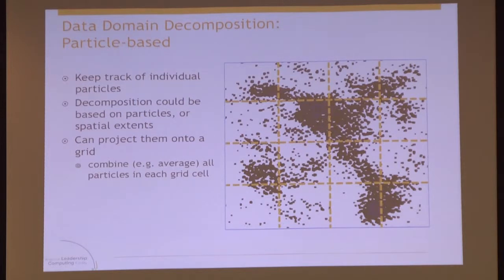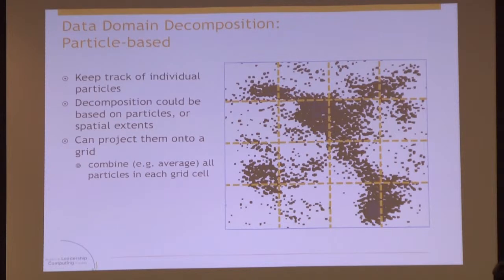So one way of decomposing that is to say this is the physical, spatial domain, divide those regions among the processors, and then have all of the particles within a particular region be calculated on a particular process.